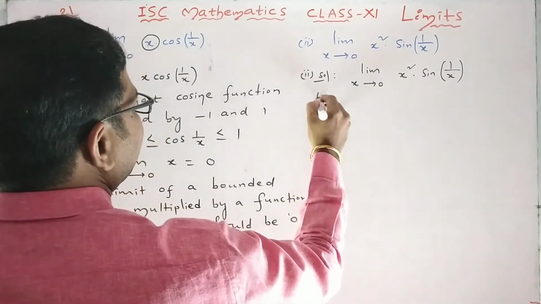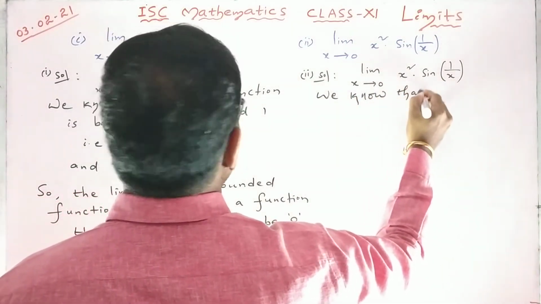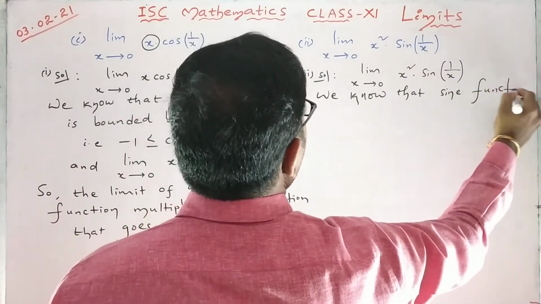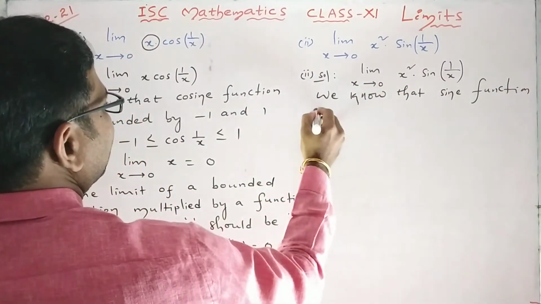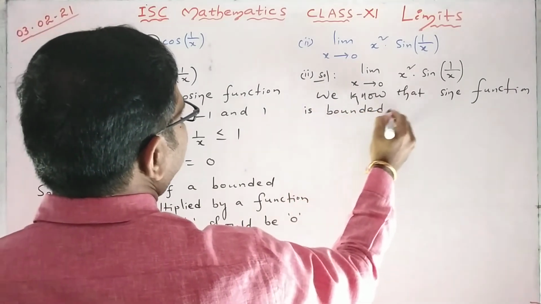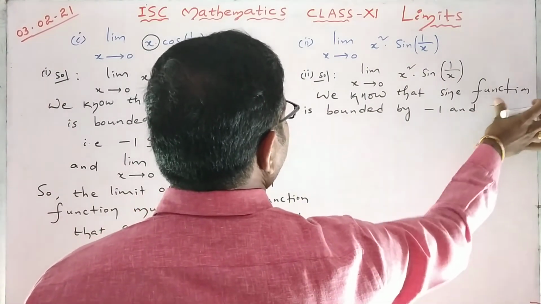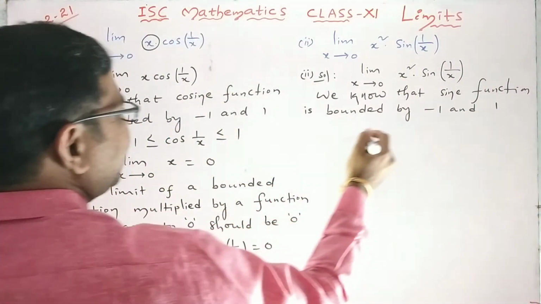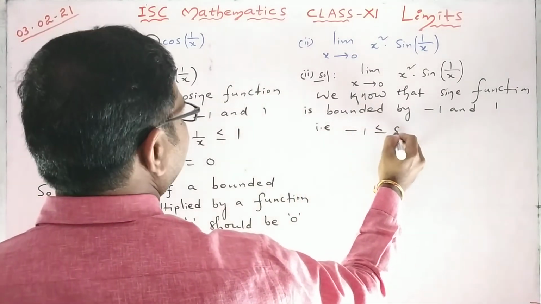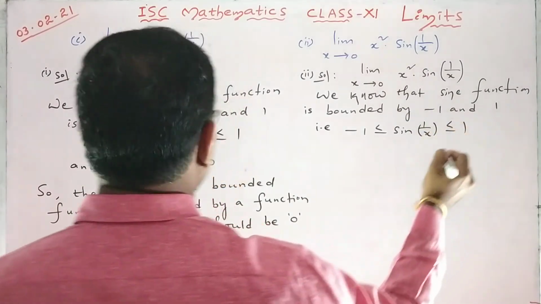So we can write, we know that sine function is bounded by -1 and 1, right? Always lying between -1 and 1. That is -1 less than or equal to sine 1 by x less than or equal to 1.